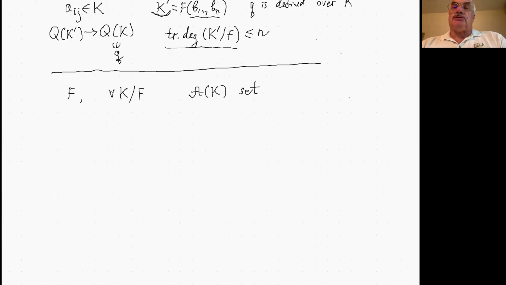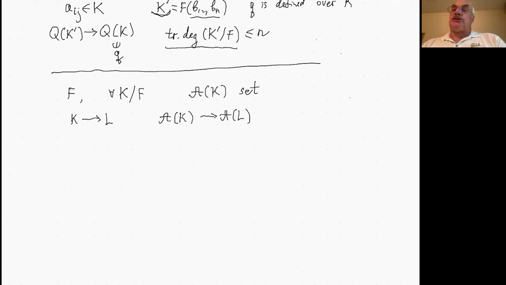Then we need to have the following property: for any field homomorphism from K to L, we should have a map from A of K to A of L. It's like any quadratic form over the smaller field can be considered as a form over the larger field. And of course, this collection of maps should be compatible with the composition.